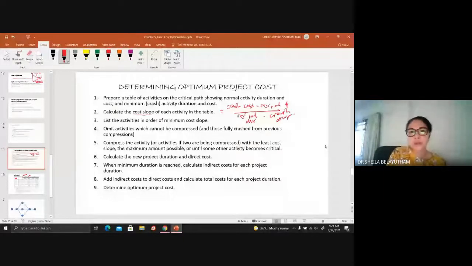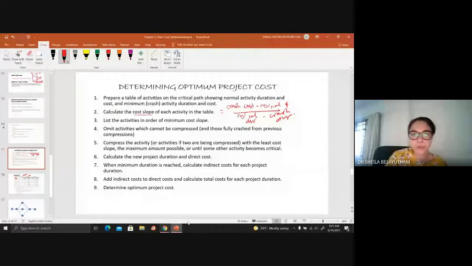So your cost slope would show you how much increment of cost you get if you reduce the activity. If you reduce the duration of the activity, you would get how much cost increment per week, for example, if you crash the activity. So that will be the cost slope.